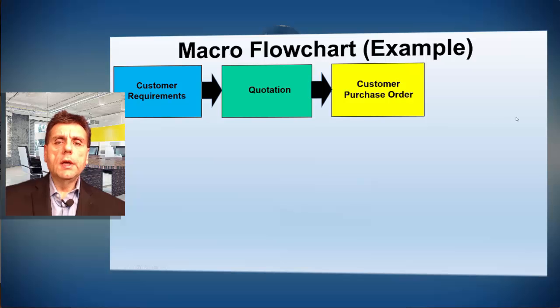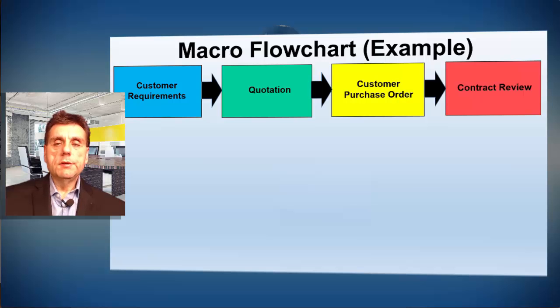Then once we are awarded the job, we receive the customer purchase order. This is a document that obligates us to comply with the requirements there. Once we accept it, we need to produce certain products or deliver certain services based on the customer purchase order.